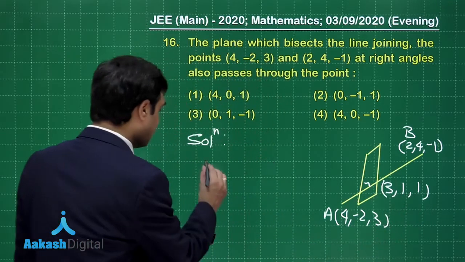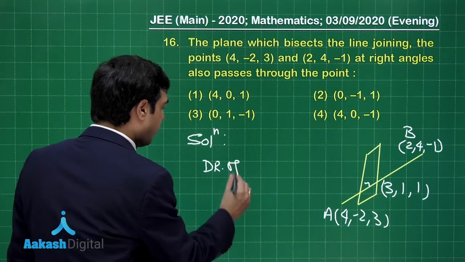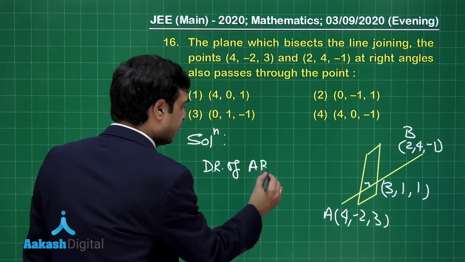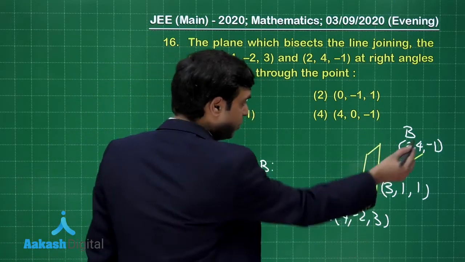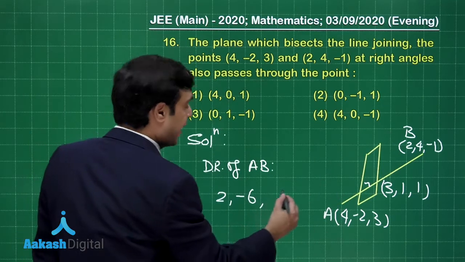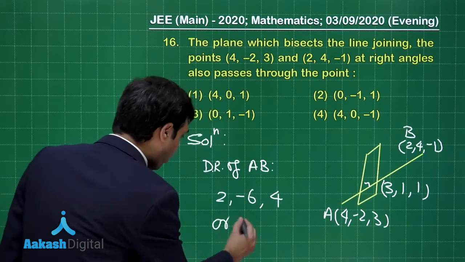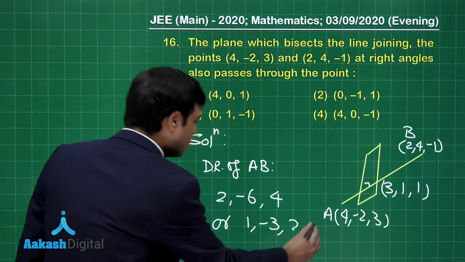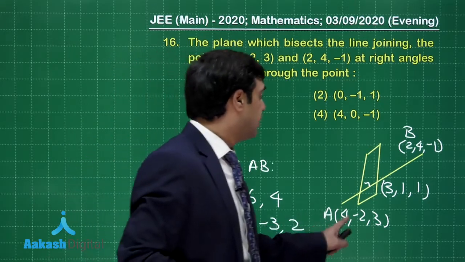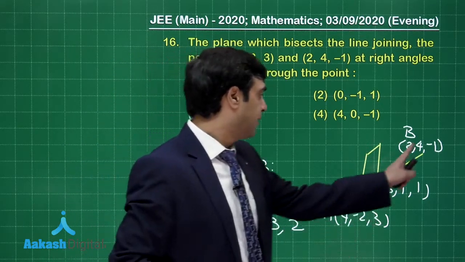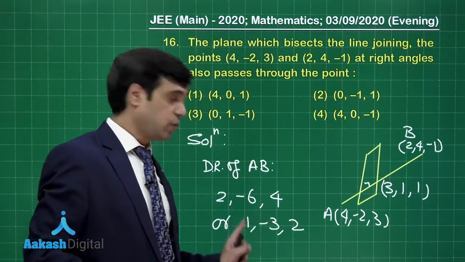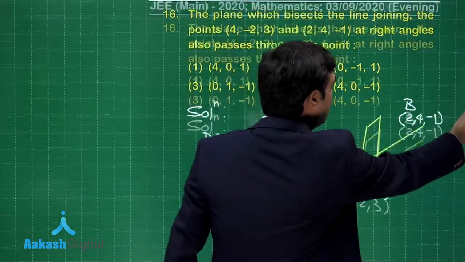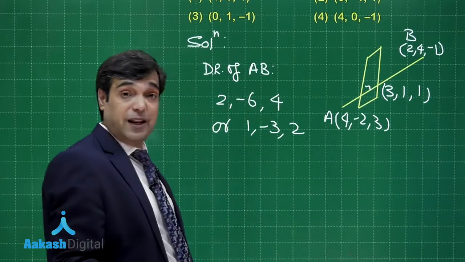This is the midpoint. Direction ratios of AB can also be obtained as 2, minus 6 and 4, or 1, minus 3, 2. How I obtained? Simply 4 minus 2, minus 2 minus 4 and 3 plus 1. So we can say 2, minus 6, 4 or 1, minus 3, 2. So these are the ratios of normal as well.